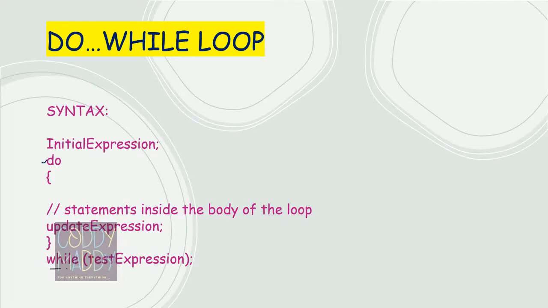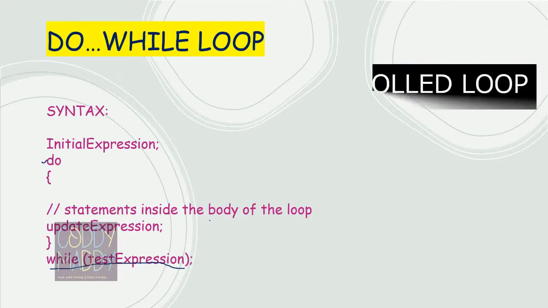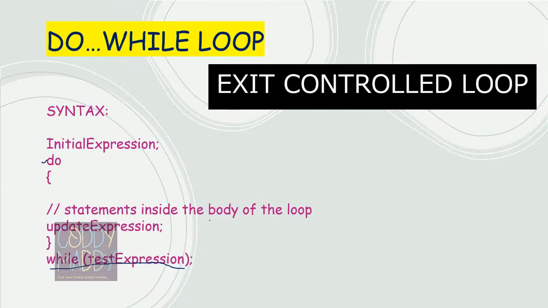Then after closing the curly braces we give the while keyword followed by the test condition. Here the body of the loop comes before the test condition, so we can conclude it is an exit control loop. First the initial condition, then the body of the loop is executed, then the updation happens after the iteration is completed, and then the condition is checked.